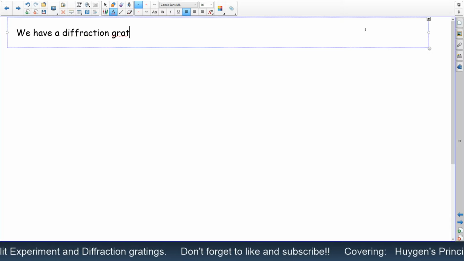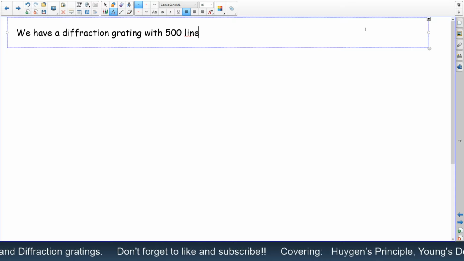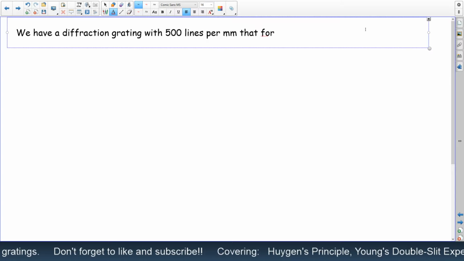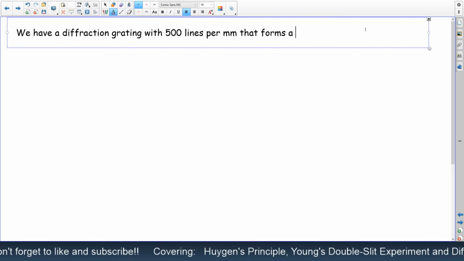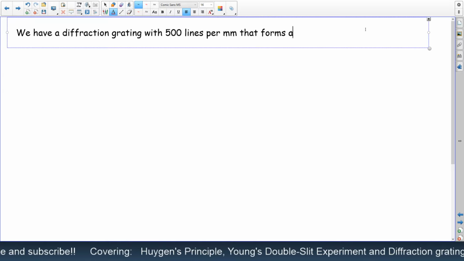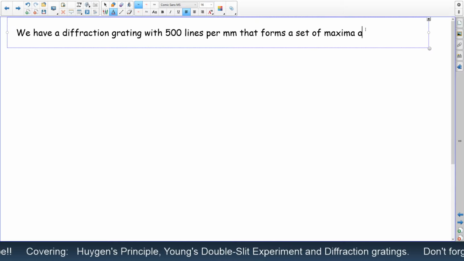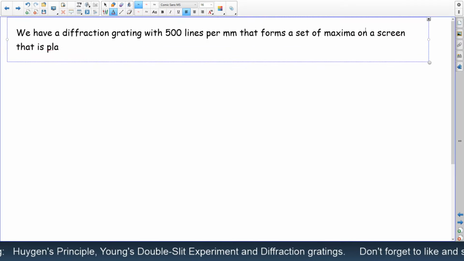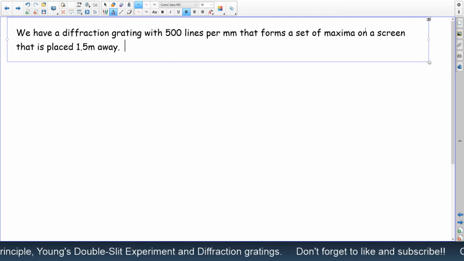So we have a diffraction grating with 500 lines per millimeter that forms a set of maxima on a screen that is placed 1.5 meters away.